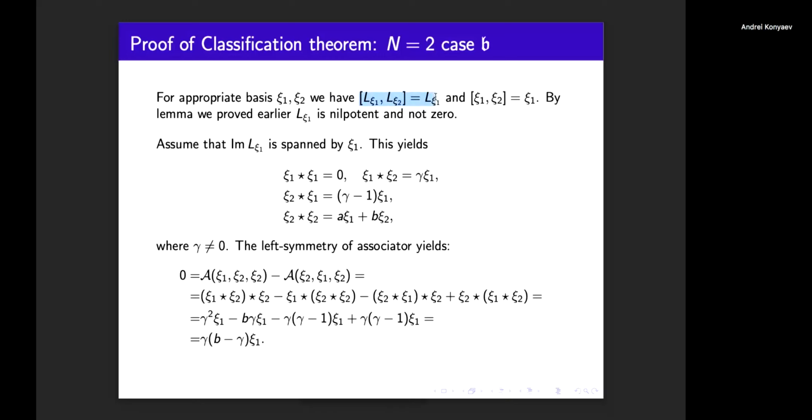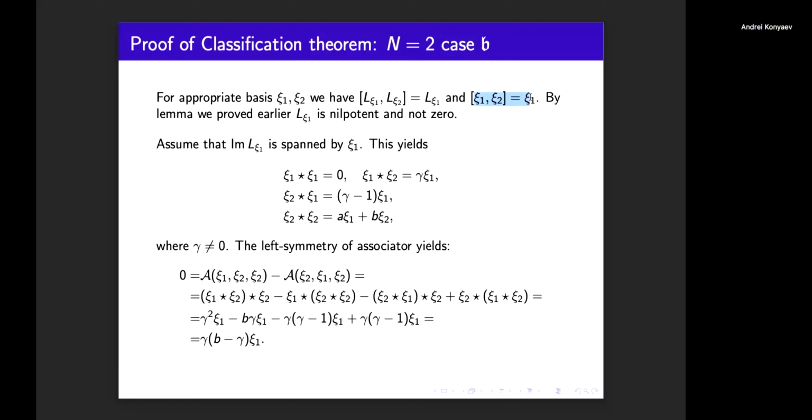Because the representation is faithful, it means that this commutator, the L with a commutator in low indices, because of left symmetry, we get that the following condition holds. Because there are only 2 Lie algebras, we've already established that psi1 times psi2 minus psi2 times psi1 is psi1.